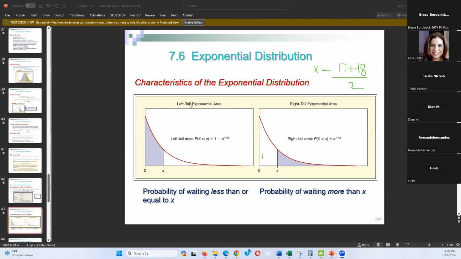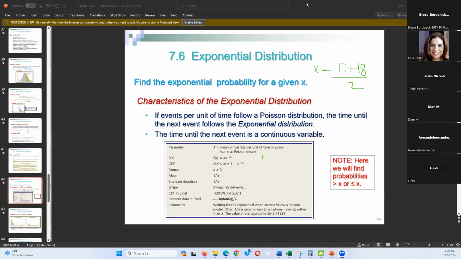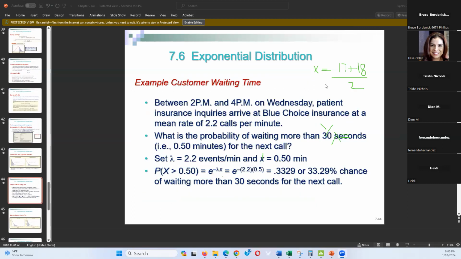Here, one situation is very simple. Here the average is given, so lambda is given in this situation. You need to do 1 upon lambda, and the rest is done by software. So let me demonstrate to you.